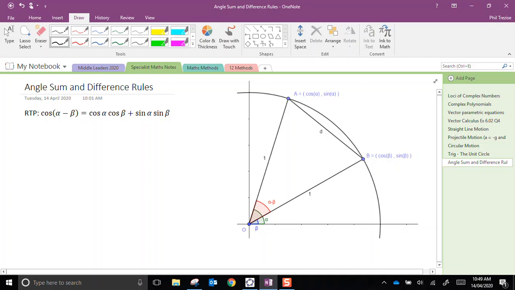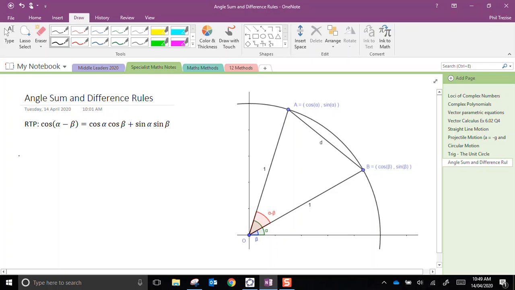So let's find the distance between point A and B, first by applying the cosine rule. Now, you'll remember the cosine rule from a previous video, so here we go. D squared, I'll use this as the subject, would equal this side, 1 squared, plus the next side, 1 squared, minus 2 times both of those sides again, multiplied by the cosine of the included angle, which is alpha take beta.